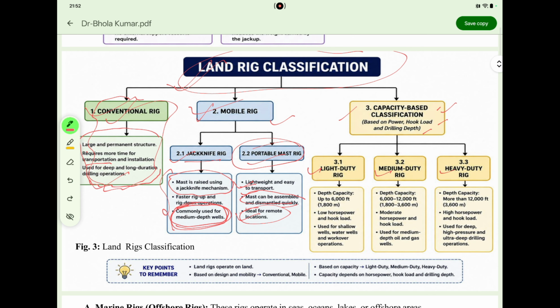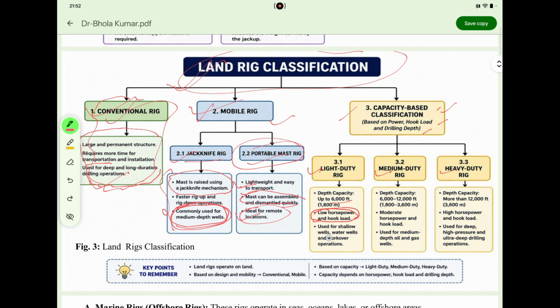As suggested, the light one has a depth capacity up to 6,000 feet. If you want to drill to a depth of 6,000 feet, you can use this type of rig, right? Lower horsepower and hook load means the load on the hook is very low, and if you don't have that much electricity or power, you can go with this rig.